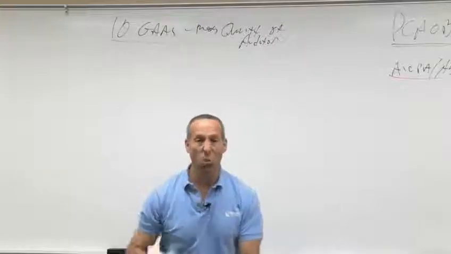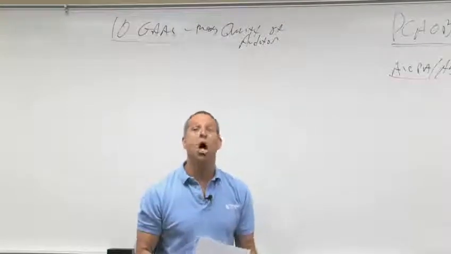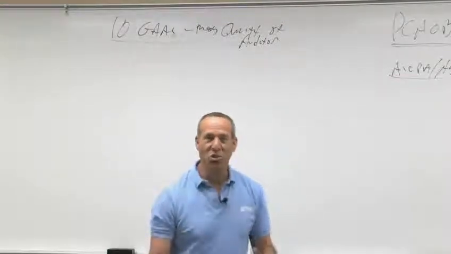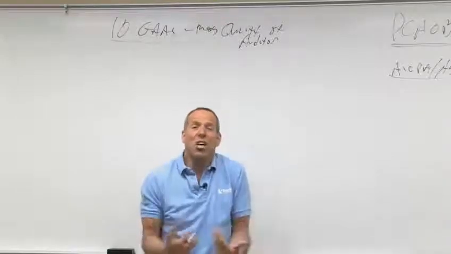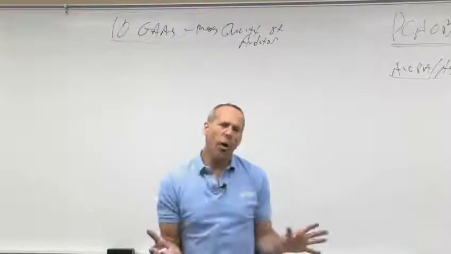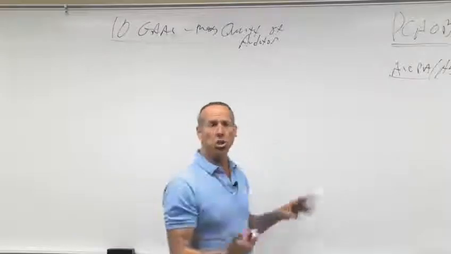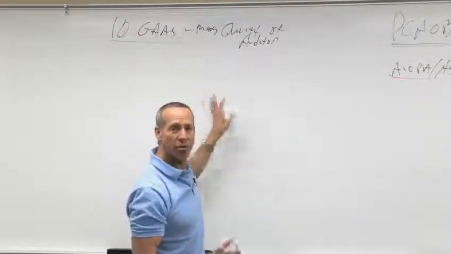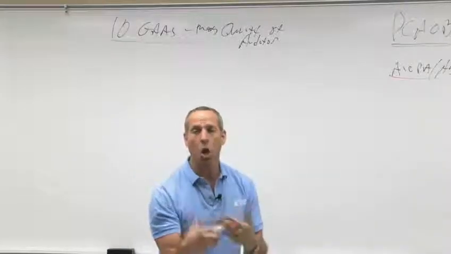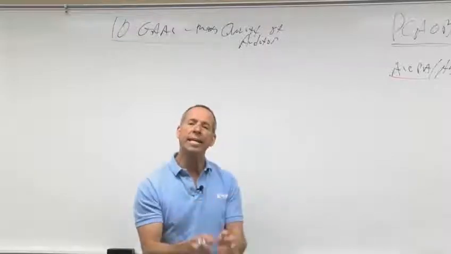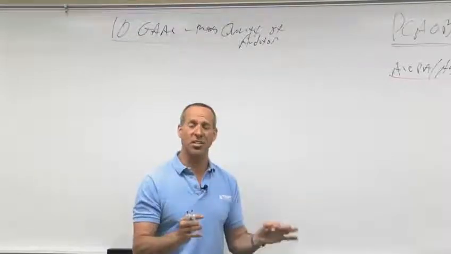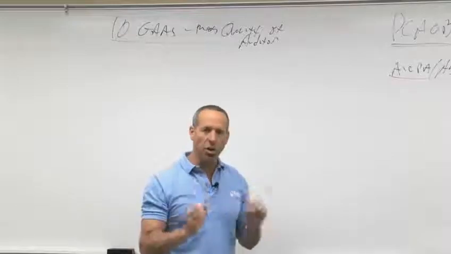Because if you give the wrong opinion on these statements, what's going to happen? You're going to get sued. And if you get sued, what is your best defense? That you were not negligent in the audit. How can you show you were not negligent? You can show it by adhering to these standards, whether they're generally accepted auditing standards or the clarity standards, the standards established by the profession. As long as you do that, you're going to be okay.